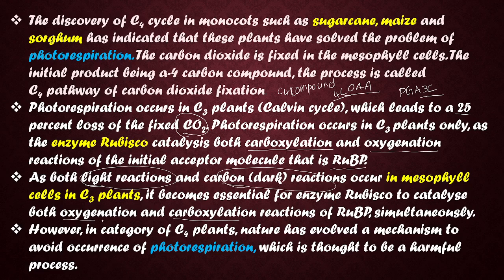Due to the oxygenation reaction, there is a loss in fixed CO2, because of the higher oxygen concentration compared to carbon dioxide. When the carbon dioxide level is less than the oxygen concentration, Rubisco undergoes a wasteful process called the C2 cycle, that is photorespiration.